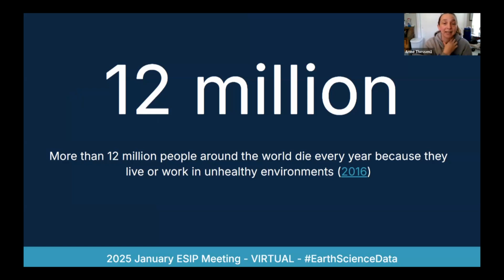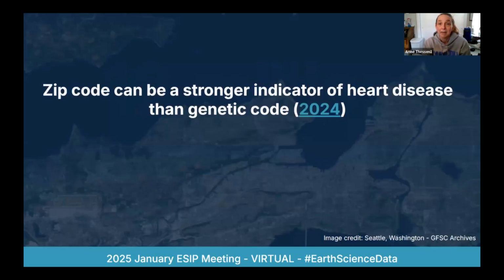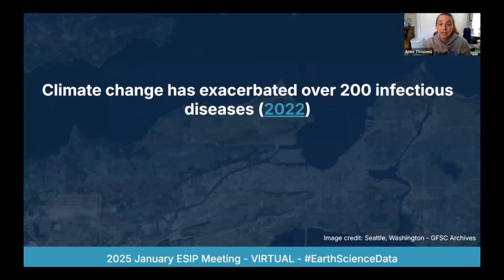I'm paying attention. Okay, so we want to do this because more than 12 million people around the world die every year because they live or work in unhealthy environments. So environments are incredibly important. Zip code can be a stronger indicator of heart disease than your genetic code, and climate change has exacerbated over 200 infectious diseases.